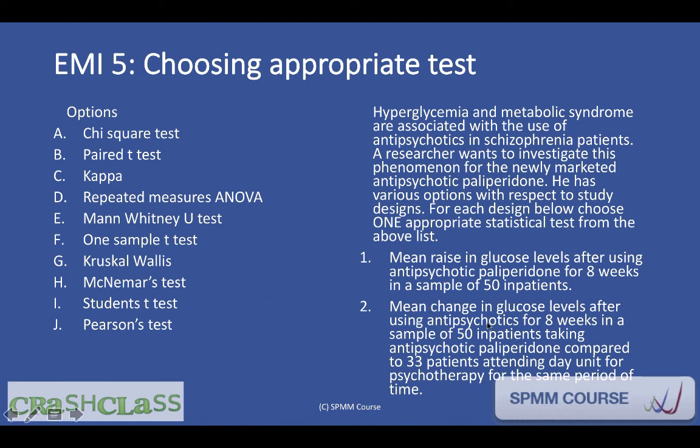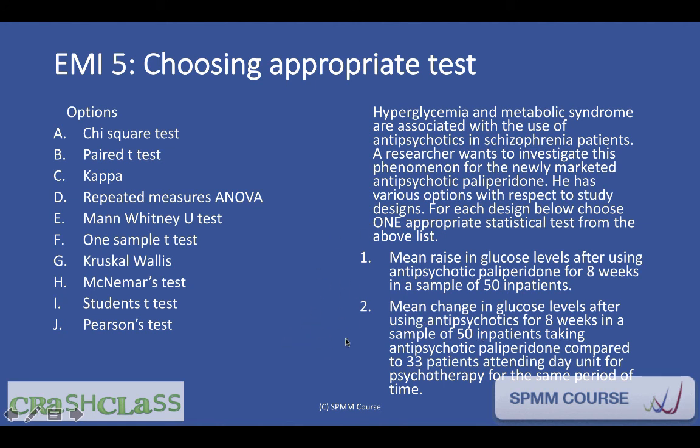Next question, mean change in glucose level after using antipsychotics for 8 weeks in a sample of 50 inpatients taking antipsychotic paliperidone compared to 33 patients attending day unit for the same period of time. So now you have two different groups and you have mean change value in one group and mean change value in another group. So you can take the baseline value of glucose and the 8th week value of glucose and you can subtract one from the other.